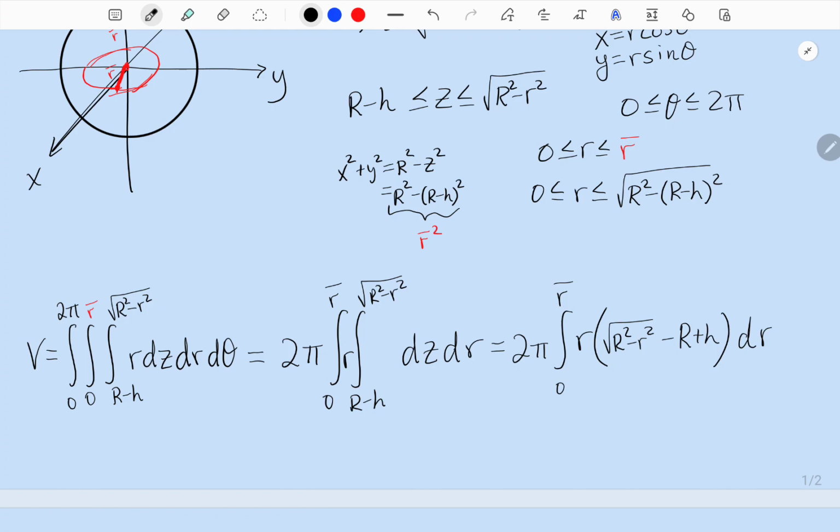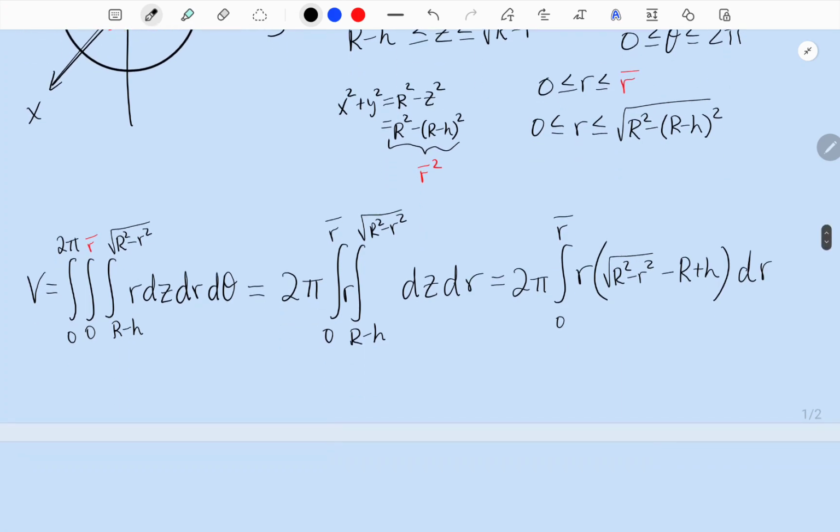Okay, now the reason why, and this is pretty good, is that if I were to just evaluate this integral over here, it's just z, and you're evaluating from R minus h to the square root of R squared minus r squared. So it's just going to be this minus that, which is what we have over there. Okay, now I can do a u substitution.